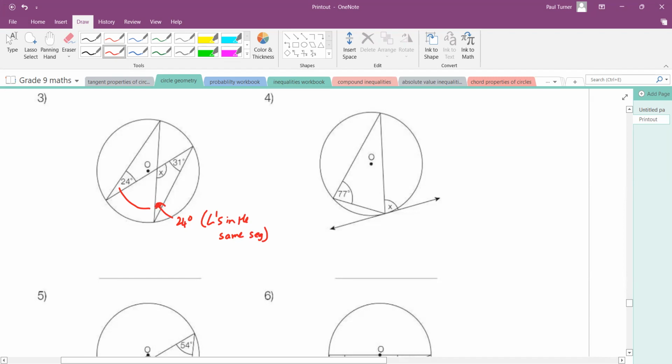So this is 24 and this angle's 31. So we can calculate X, can't we? So we'll have X plus 31 plus 24. And the sum of angles in the triangle is 180. So X plus 55 is 180. So you're going to get X equals 125. So that will be your answer for X, 125 degrees.